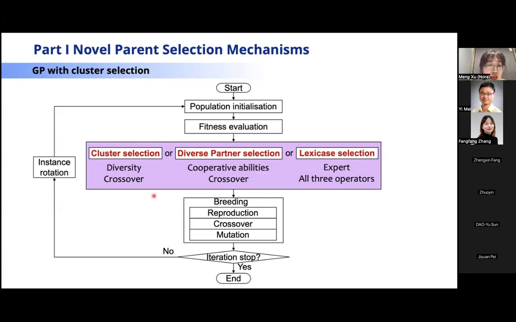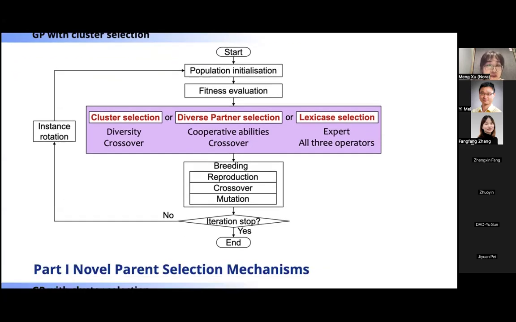And then every time a pair of parents are required for the crossover, we will randomly select 2 different clusters and then select individuals based on tournament selection from each cluster. So in this case, we can make sure the selected parents are different from each other.